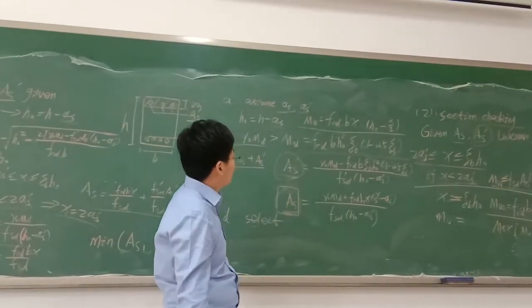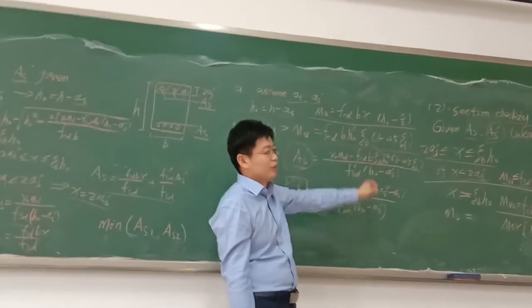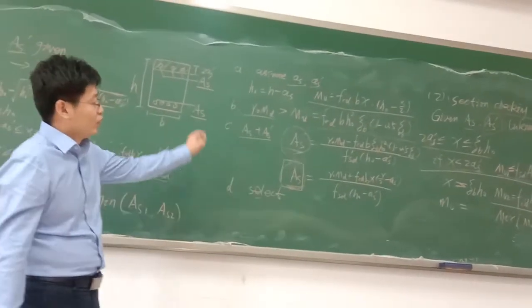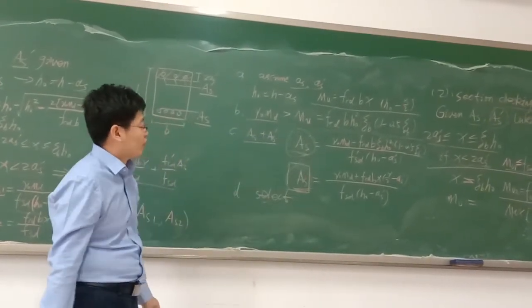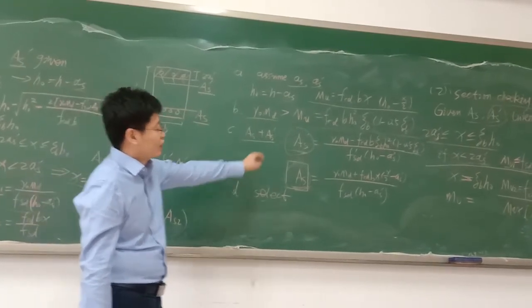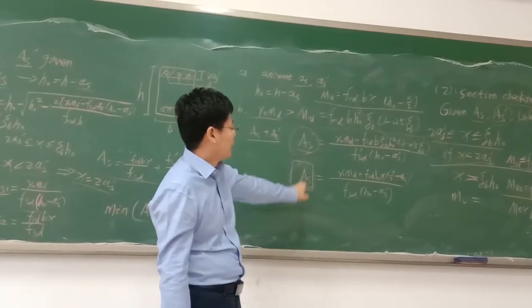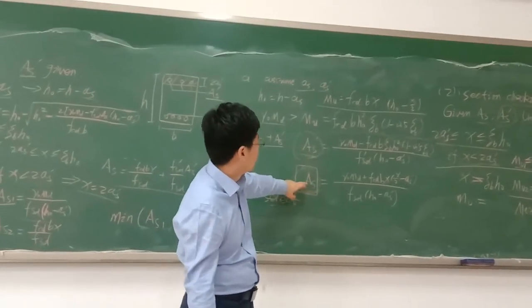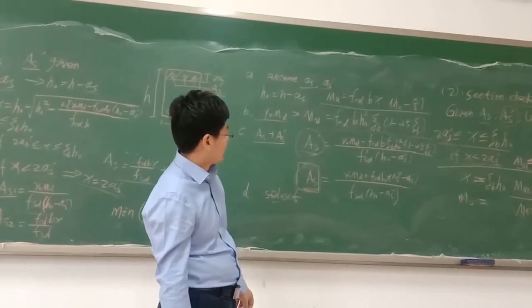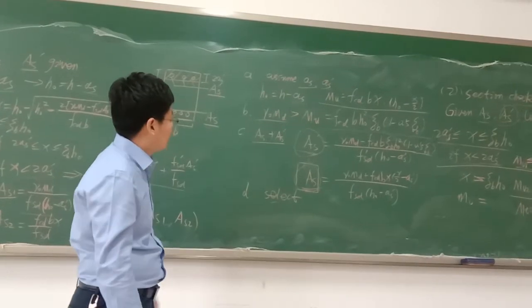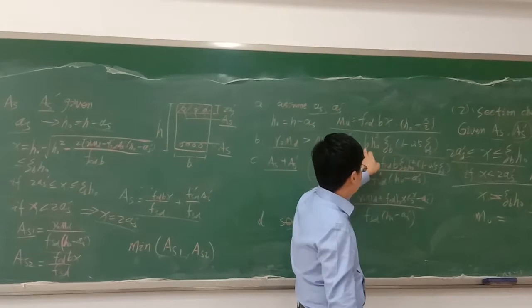We use the boundary condition x equal to ξb h0. We use this condition, then we can get mu, because in this everything is known. Then we can calculate As and As prime. You see this part, actually this part.